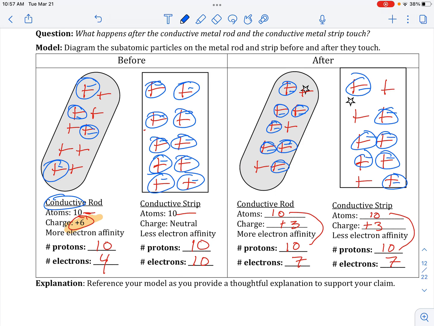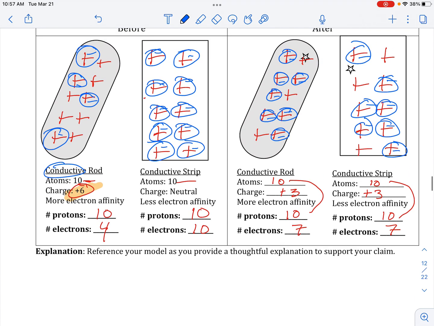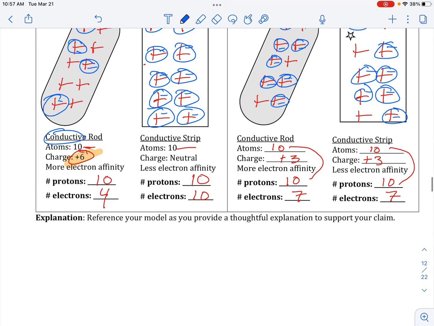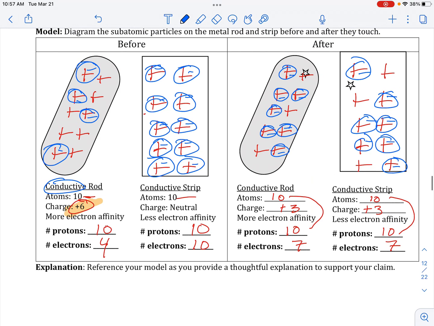So remember the 3 things we talk about in our explanations. We talk about what did electrons do? Why did the electrons do that? And then we got to answer the claim. So let's start by talking about what electrons did. So electrons went from the strip to the rod because the rod, when they came in contact, these 10 electrons got spread out.